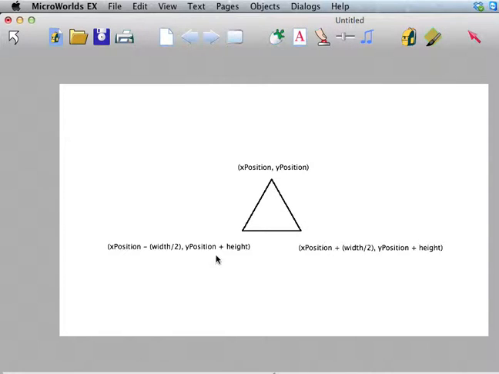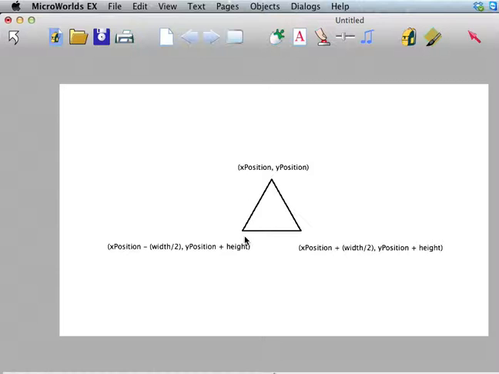So the 3 points you're using to determine your triangle in the triangle class are x position, y position, which is right here, this point, and then x position minus width over 2. So if the width is from here to here, right, then x position minus width over 2 is right here, right?